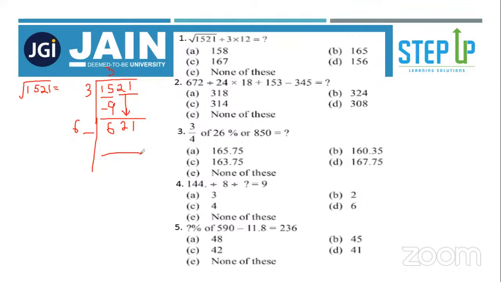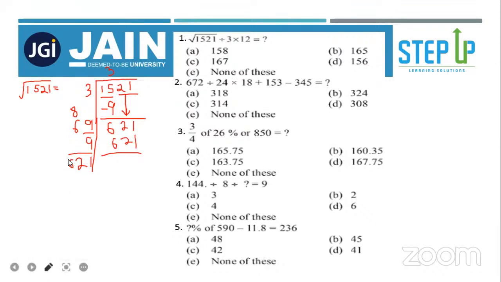A number that when multiplied gives me 1 at the last is going to be either 1 or 9. 9 times 9, 81. 54 plus 8, 62. Yes, I'm getting 621.